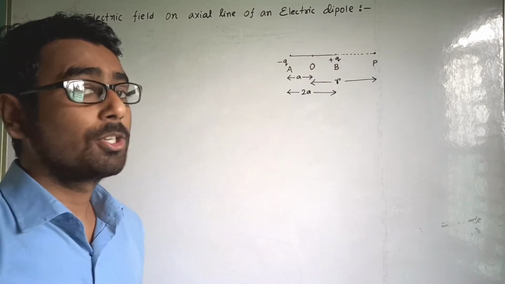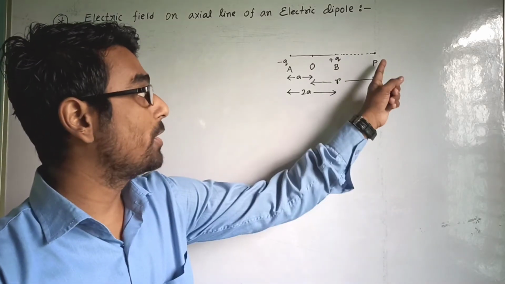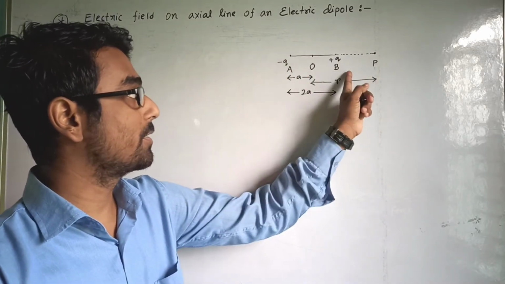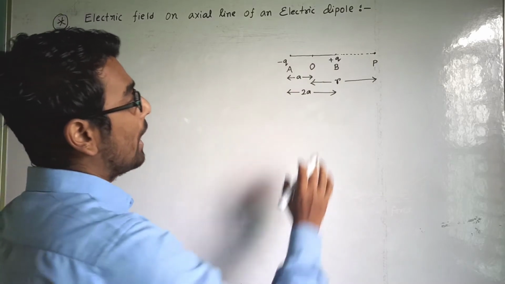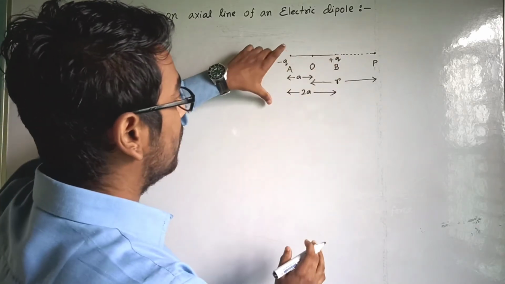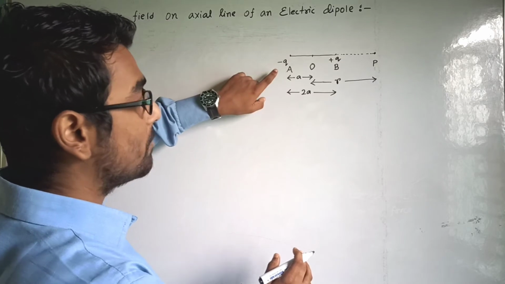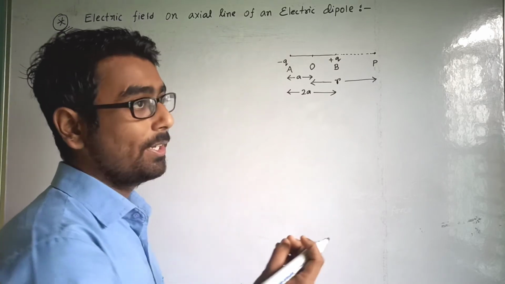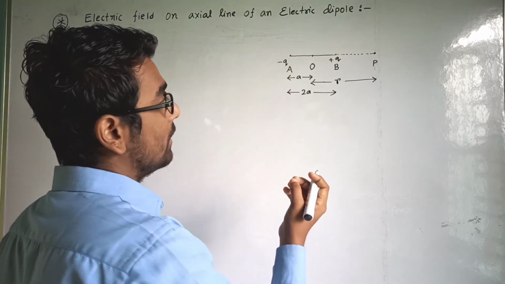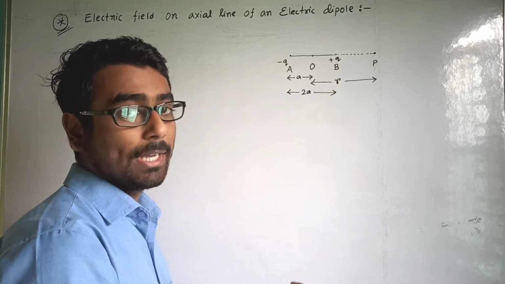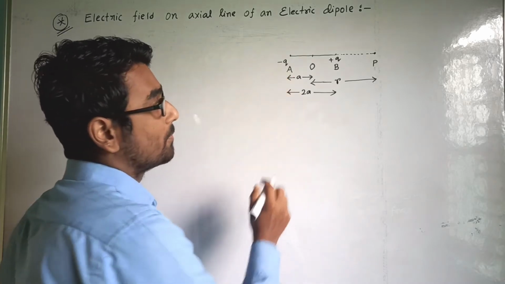So what will be the direction of electric field at point P due to both the charges? If we isolate the charge at point A, that means minus Q charge, we already know that the electric field always terminates at negative charge.